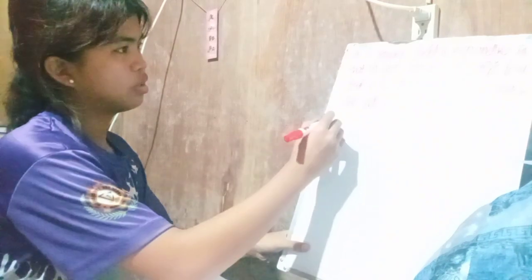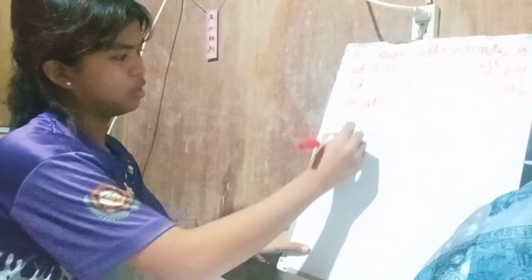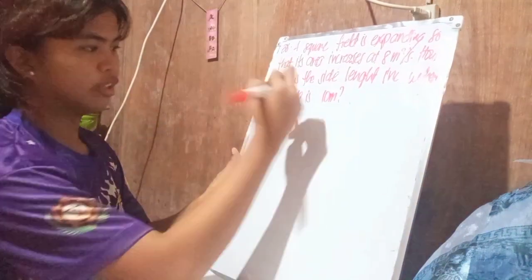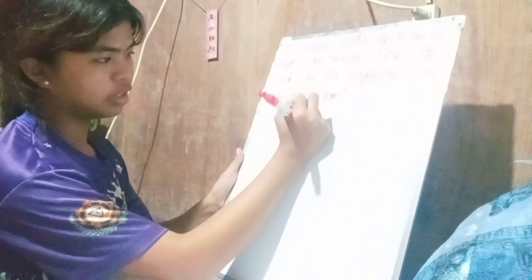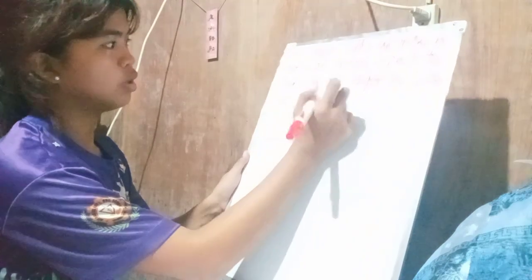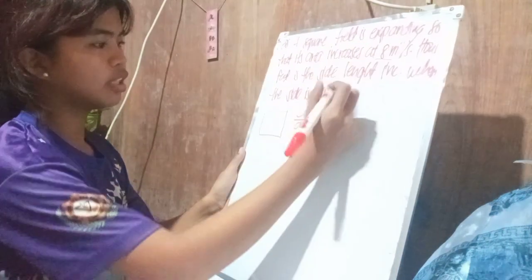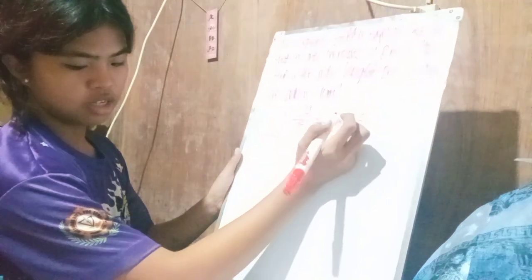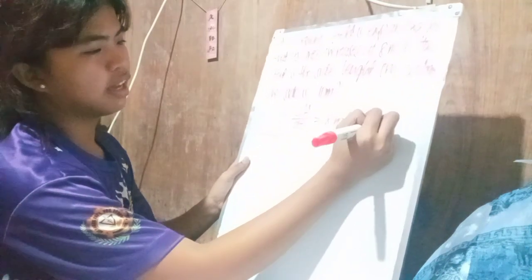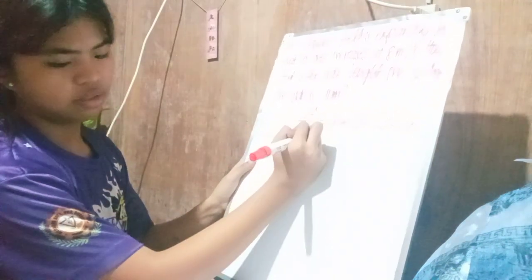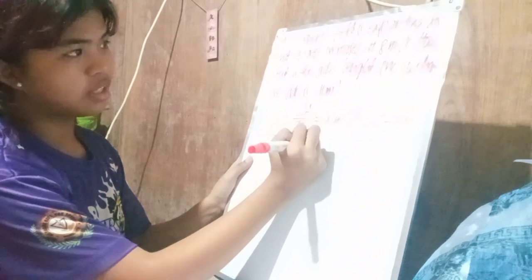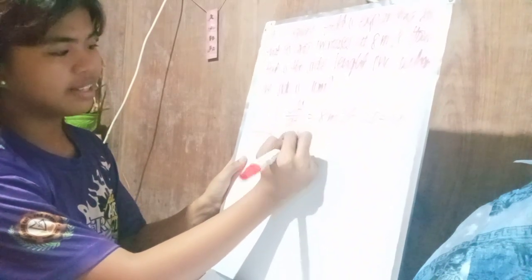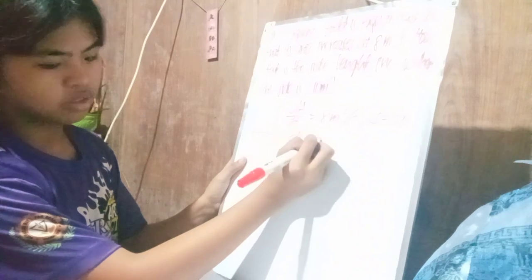So the square field. Here the given dA over dt is 8 meters squared per second, the side is 10, and we are looking for its side length change.